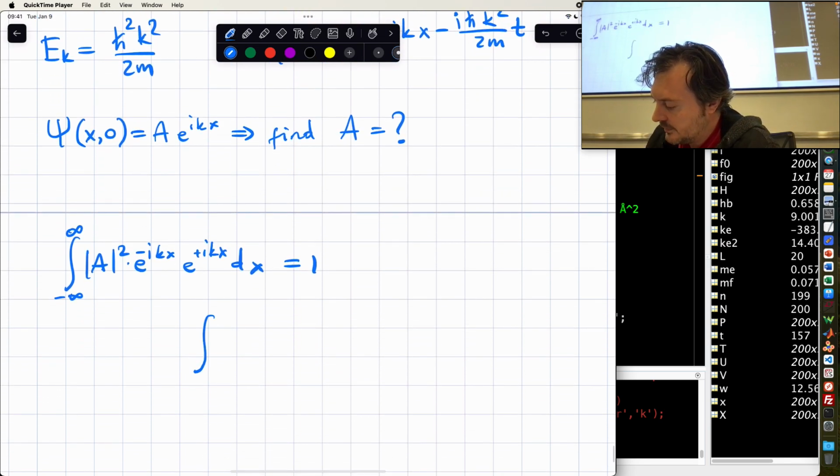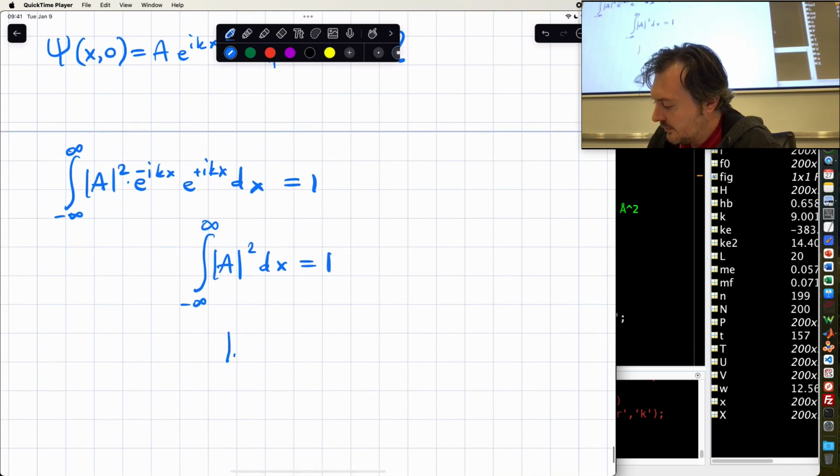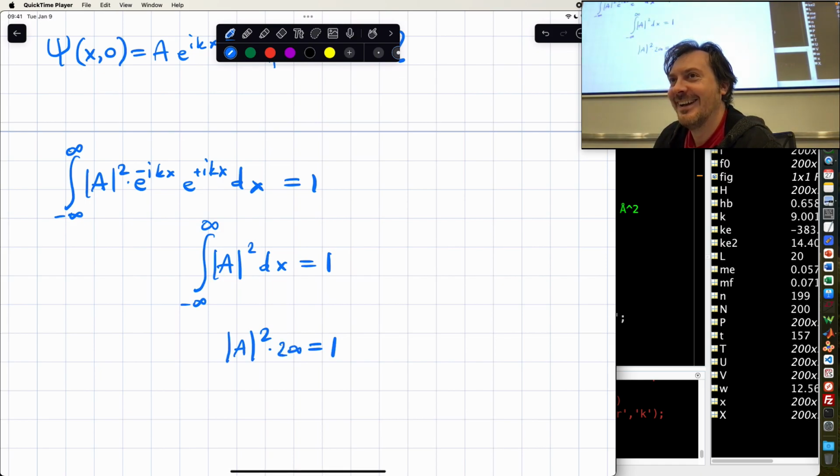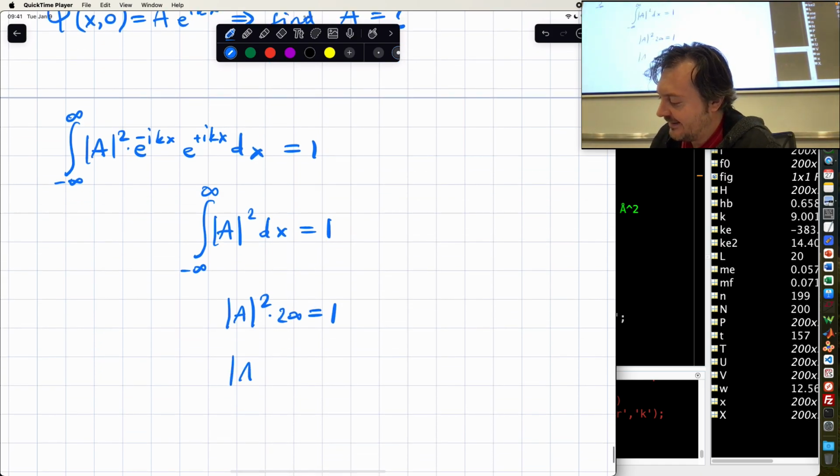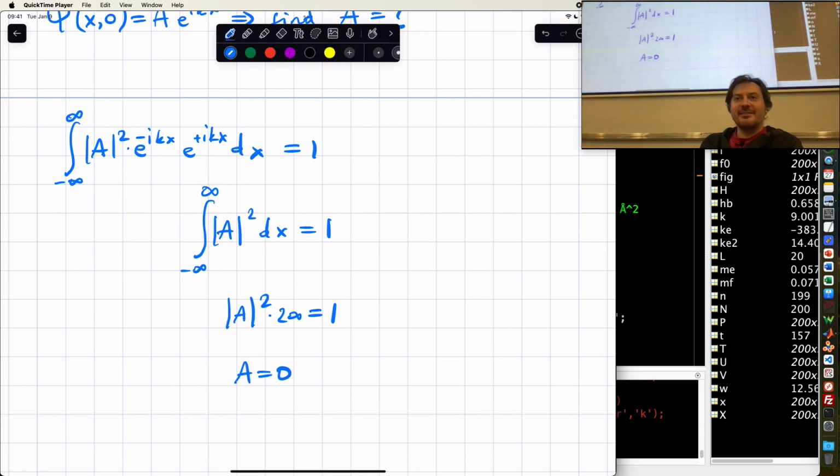So A squared integral dx equals 1. A squared times infinity equals 1. Actually, there are 2 infinities here. A is 0. So the particle doesn't exist. We can go back home. We have a normalization problem with the free particle.